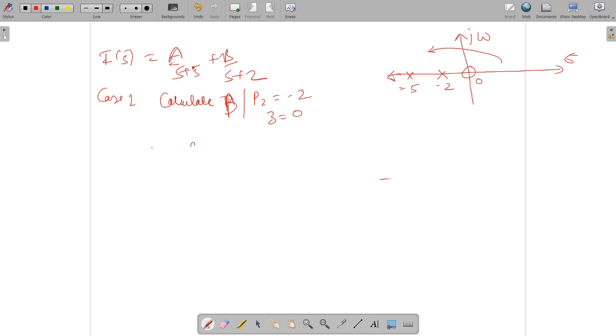We have to find the b. Now you see here b is linked with the minus 2. So in this case minus 2 is your reference pole. So what will be the change here? In this case the another pole will become minus 5. Please make this correction.